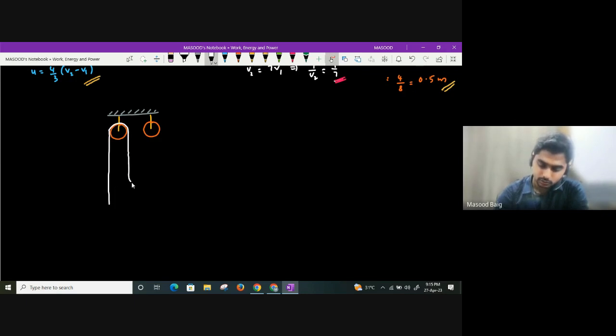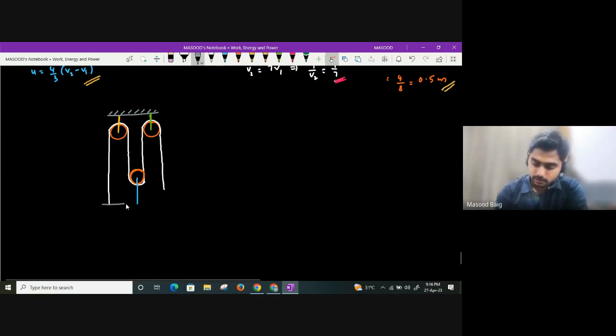Then again, it is going to pass over another pulley. So overall, as you can see, we have only one string directly connected, guys. There is one more small pulley over here. This is the first string, this is the second string, and you can imagine one more string, the third string.